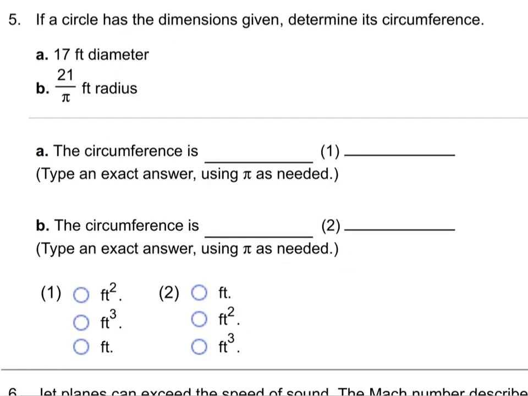The next one's kind of similar, number 5. They're giving me diameter and radius, and they want me to find circumference. So I again use the circumference formula. Circumference is 2 pi r. And then on part A, they're telling me the diameter. Now let me draw a little picture down here.